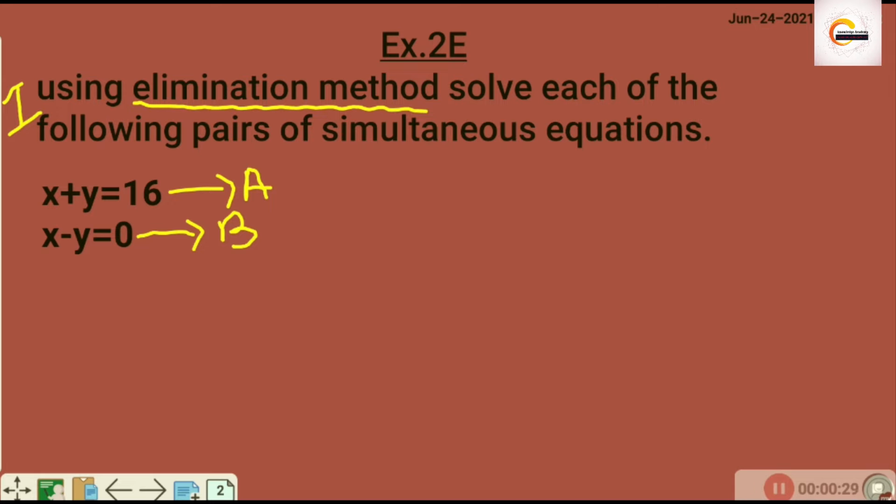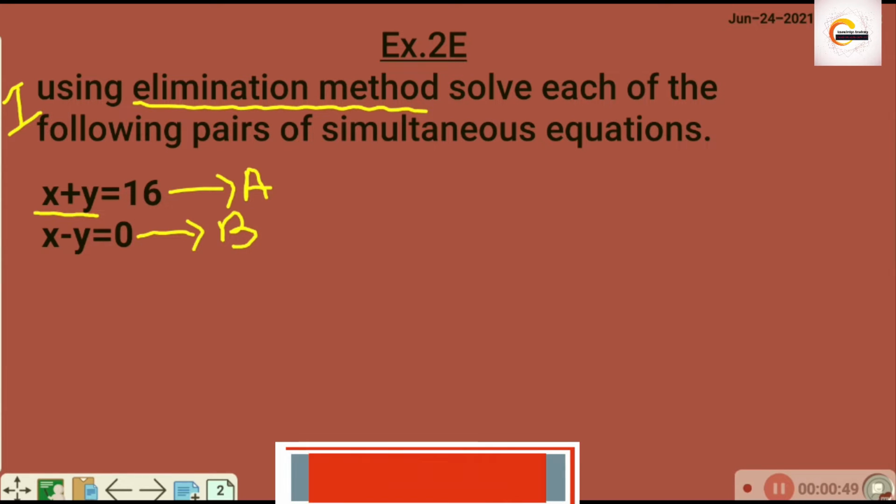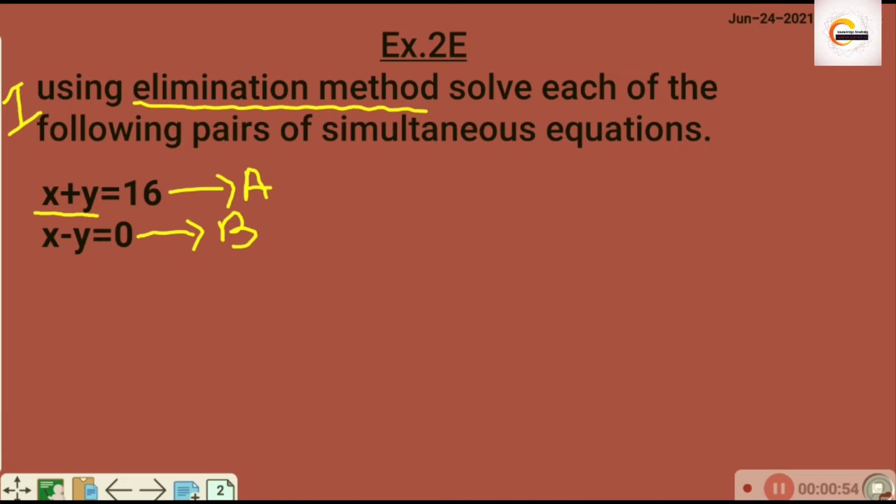Now there are two cases and we have to address those two cases accordingly. The first case is this one, in which, out of two variables, one variable has the same coefficient. Like this, it is a very simple case.